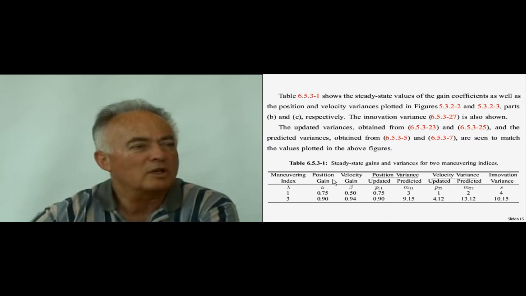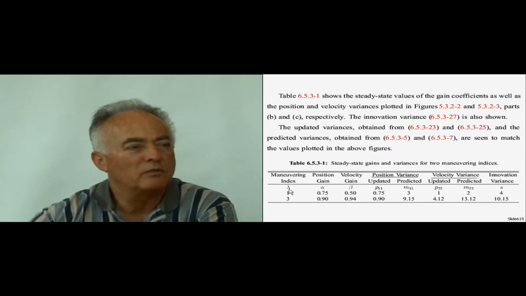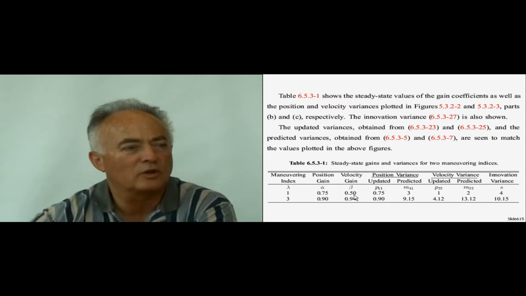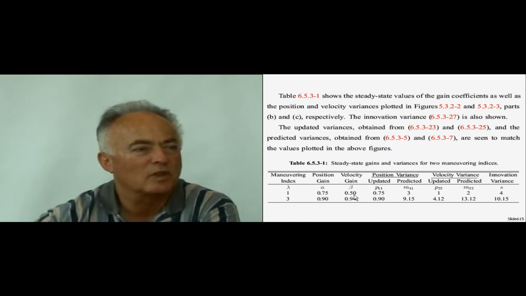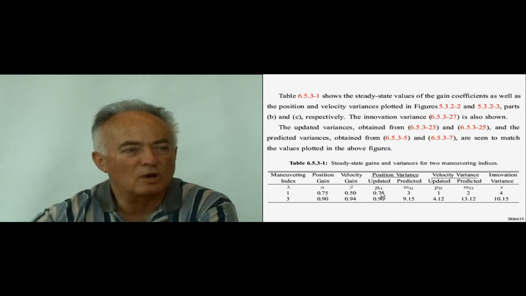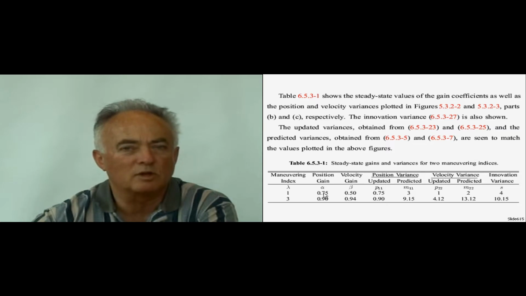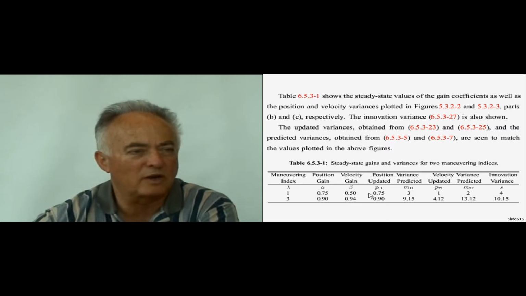We have a table here that for maneuvering index lambda 1, the position gain in steady state is 0.75, the velocity gain is 0.5, as we also read off from the tables before. The position variance updated is 0.75, that's the same thing, because sigma w square is 1 multiplied by alpha, you get back alpha.